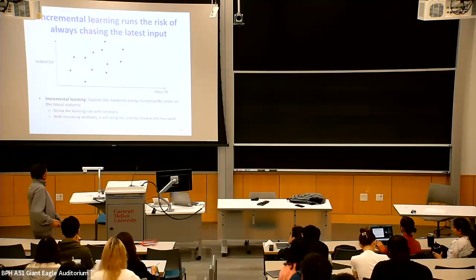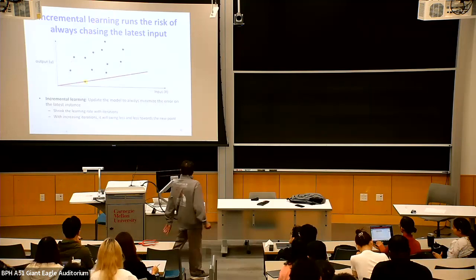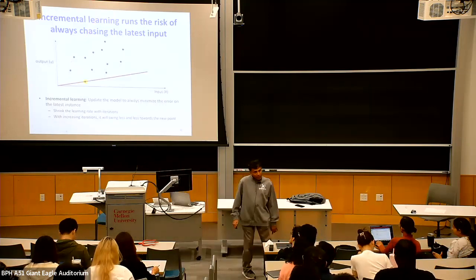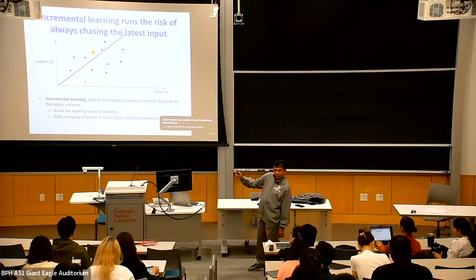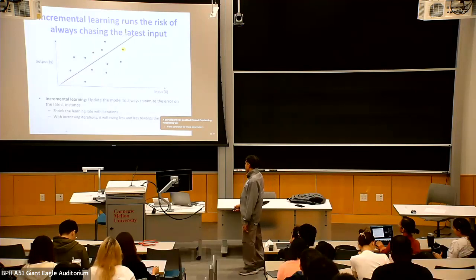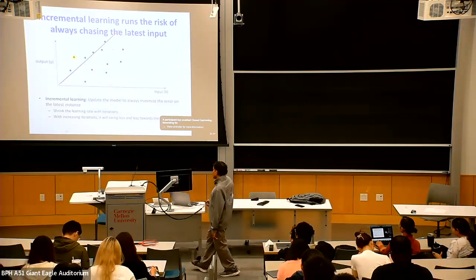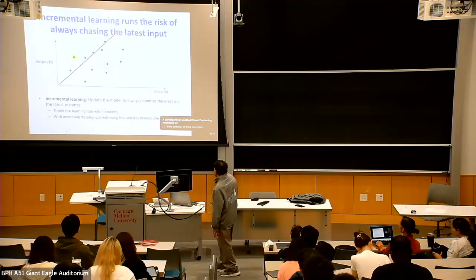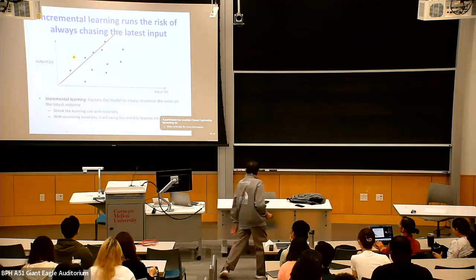And so you want the learning rates to shrink with iterations. The first time around, maybe you get all the way up there. The next time around, you don't correct all the way to the point. You stop somewhere short. And then the next time around, you stop somewhere short again. And you keep doing this.